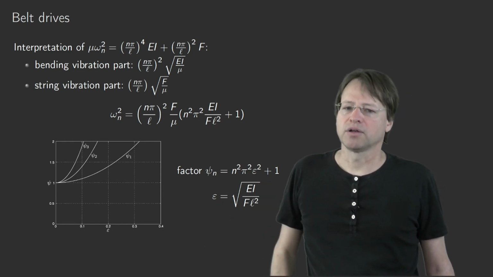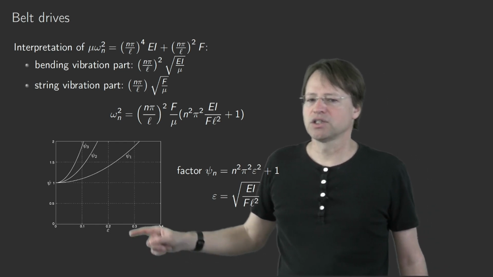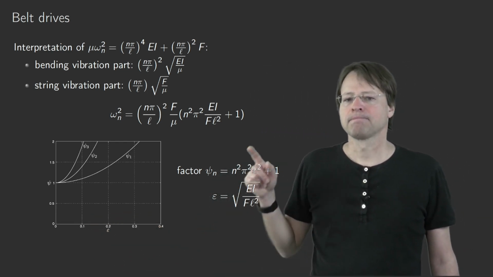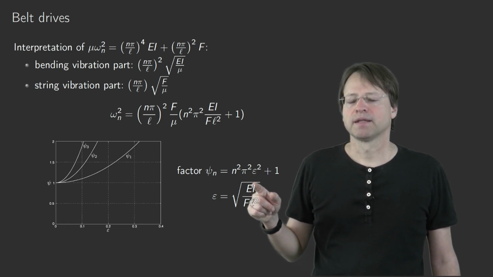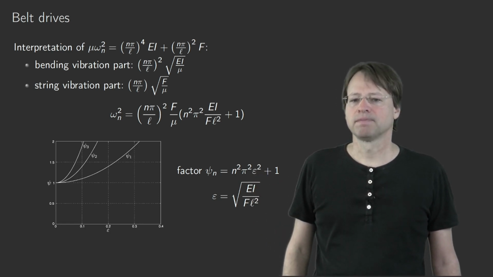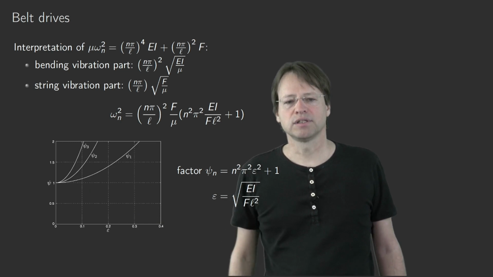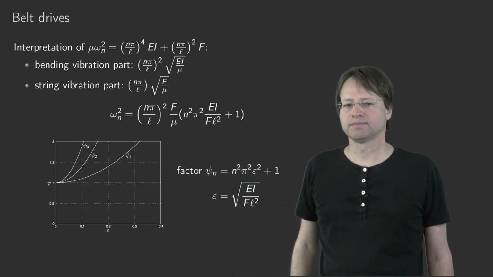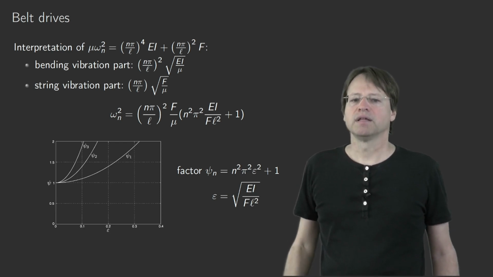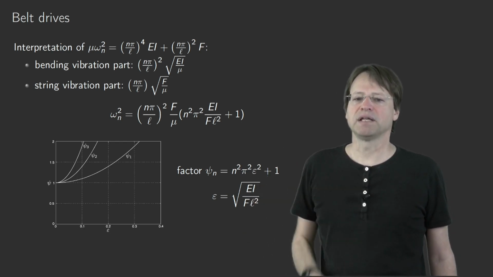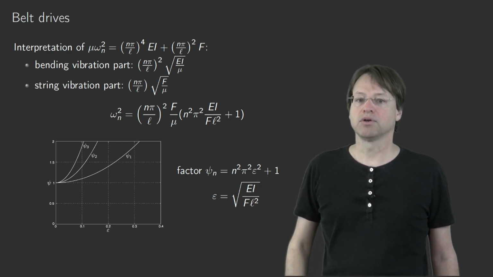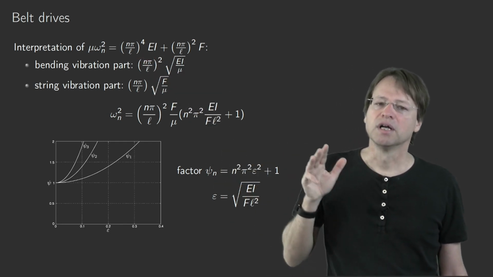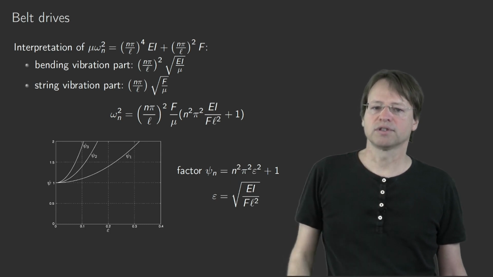So therefore what we can conclude is, if we are in such a situation that the preload is large enough, there is no influence of the bending stiffness on the natural frequencies, and therefore when we now study the moving belt in the next video, then we will neglect the influence of bending, which is good because it leads to that fourth power here and to a fourth order derivative with respect to time.